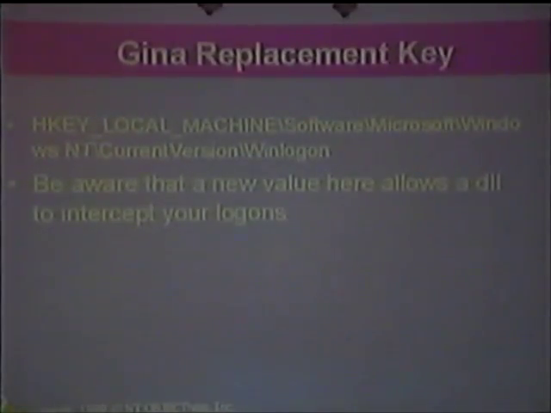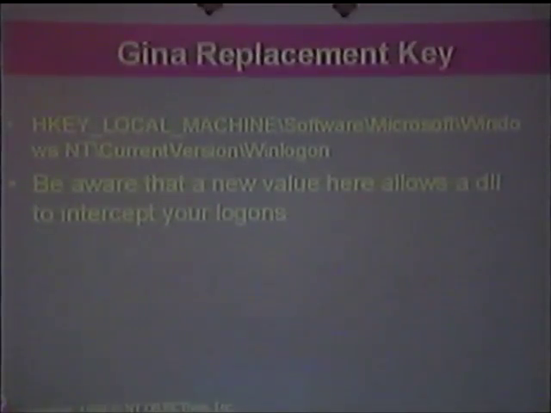That's how they do it, to bypass the standard logon and do some type of biometric ID. The bad use of that is that if you look at this and there's another DLL there, you'll need to investigate it because you need to know what that DLL is doing.